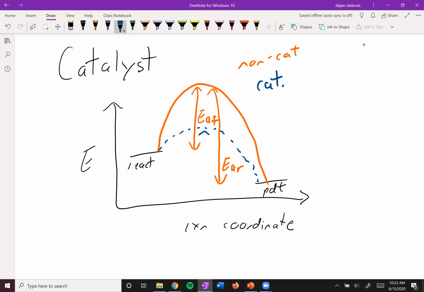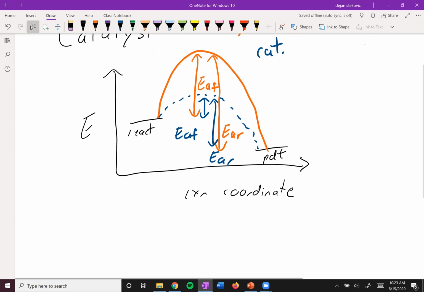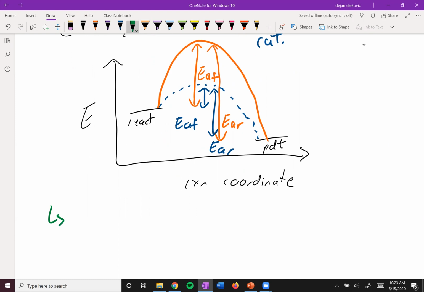And so you can see when we've done this, we've lowered the activation energy of the forward reaction, but we've also lowered the activation energy of the reverse direction. So we're kind of making both ways faster, and we're making them equally faster, and so it ends up having no effect.